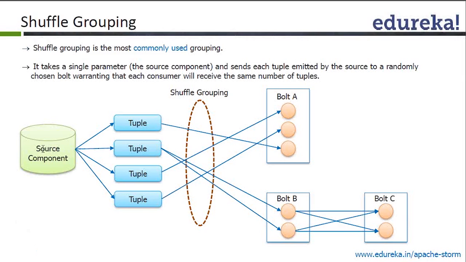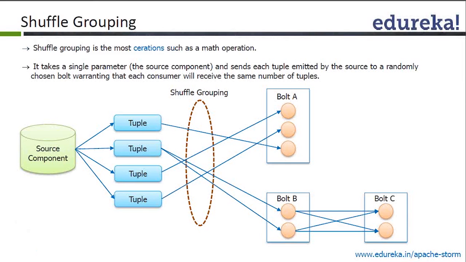So okay, this is the big mistake. This source component is basically your spout itself. How does a randomly distributed scheme, right Sundar, this is what you wanted to say, make sure that the transaction is consistent?